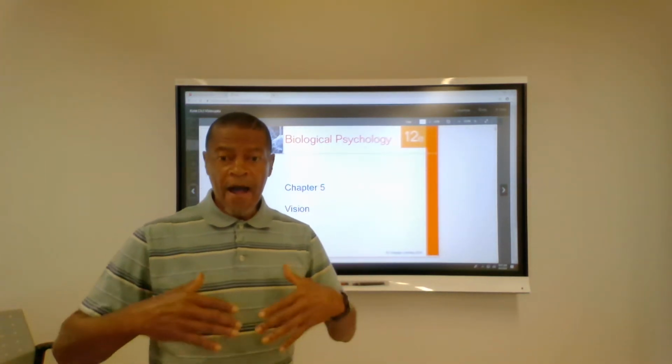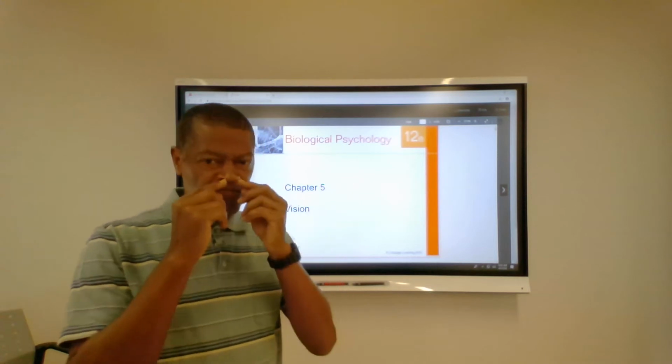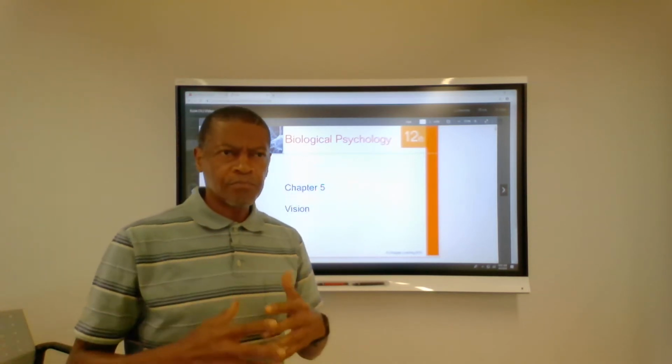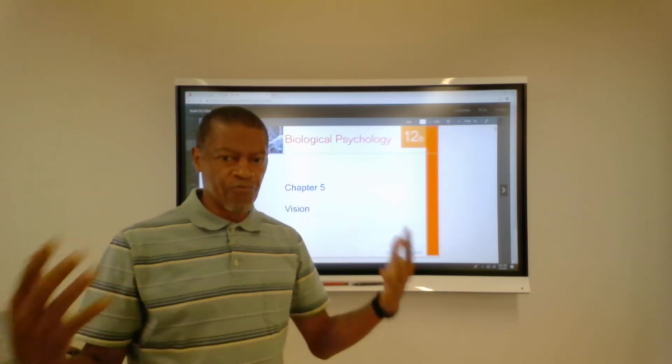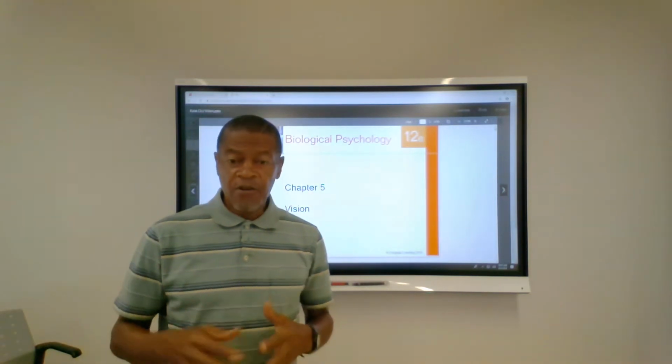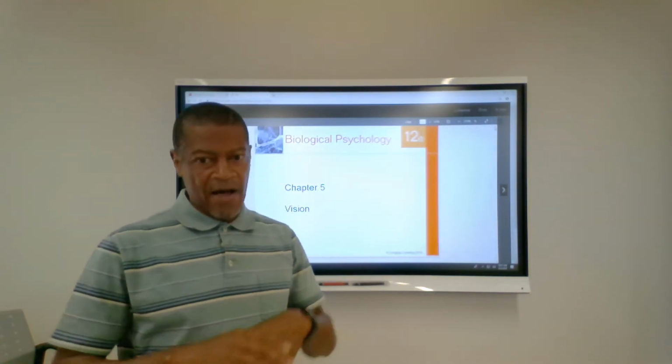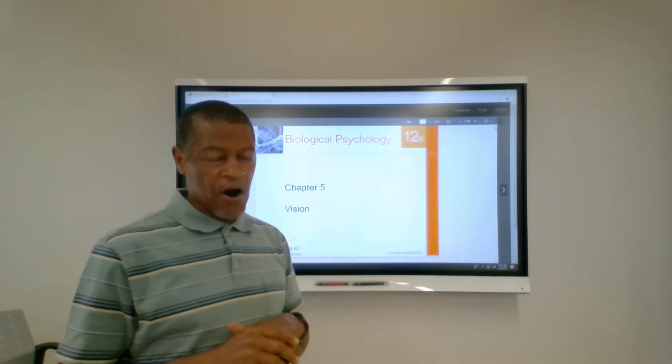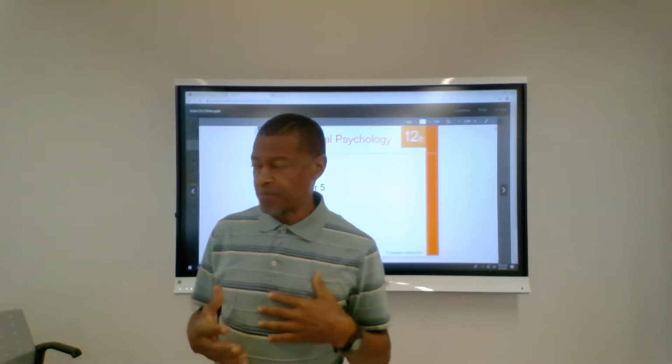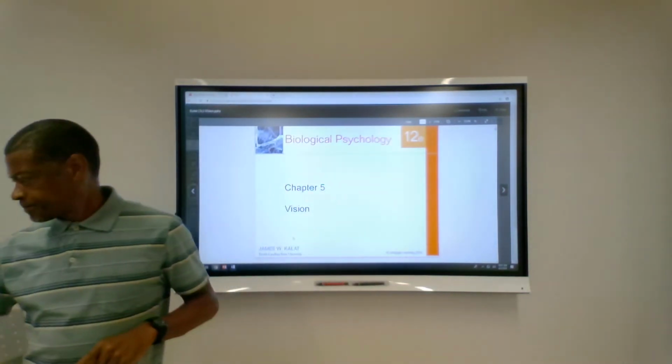Laying it out for how all our senses, smell, taste, hearing, respond to the outside world. There are physical stimuli that exist out there in the world, and our bodies must be able to recognize that. So let me show you this real quick.